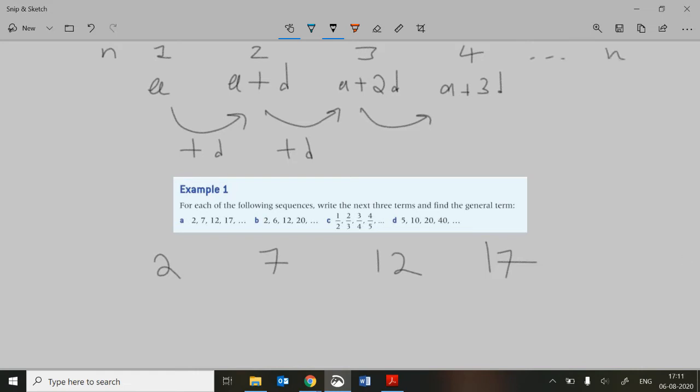But you can see that for the nth term, we'd have a plus, well, here we have 3 lots of the common difference. Here we have 2 lots of the common difference. And you can see that 3 lots relates to the 4 by being 1 less. So we'll have n minus 1 lots of the common difference there. So this is your general formula for an arithmetic sequence.